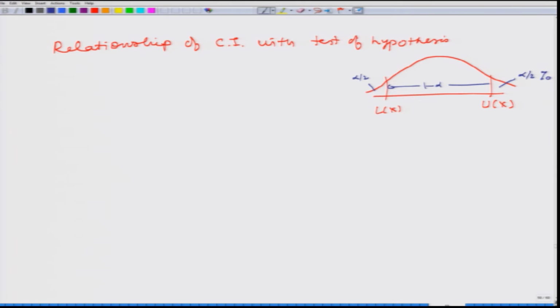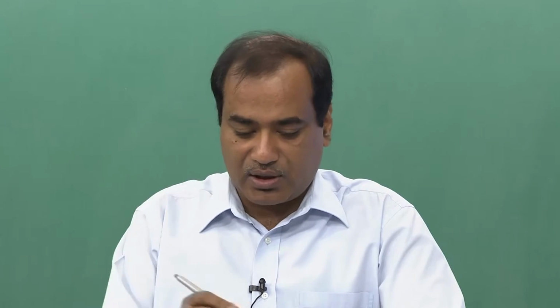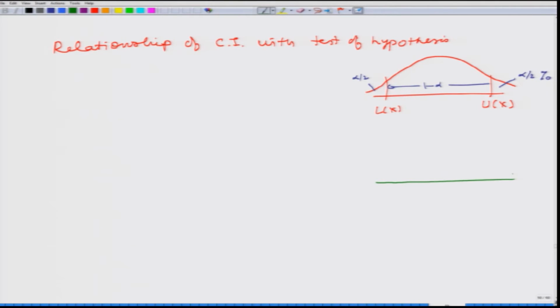And similar to this, you can also recall that in the case of test of hypothesis, when we are considering the two-sided test of hypothesis, for example, if you try to recall the case of the Z statistic based on the normal 0, 1, our critical region was lying on the left hand side and on the right hand side, and this was alpha by 2, this was alpha by 2, and the mid area was 1 minus alpha, something like this on the normal 0, 1 curve, and this point was minus Z alpha by 2, and this point was plus Z alpha by 2 on the normal distribution.